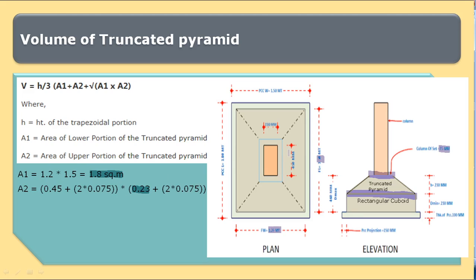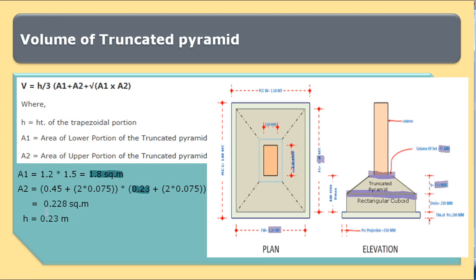As it is a rectangular column, the other side of this column is 450 mm, which is written as 0.45 meter, plus 2 into 0.075. So the area at the top face is 0.228 meter square, and the height, the distance between these two areas, is 230 mm.